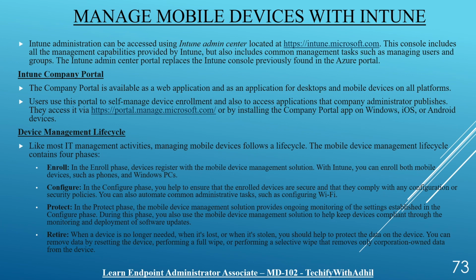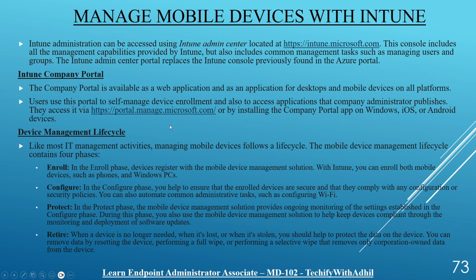The 4th phase will be retire. When a device is no longer needed, when it's lost or when it's stolen, you should help to protect the data on the device. You can remove the data by resetting the device, performing a full wipe, or performing a selective wipe that removes only corporation-owned data from the device. So it has all these 4 phases.